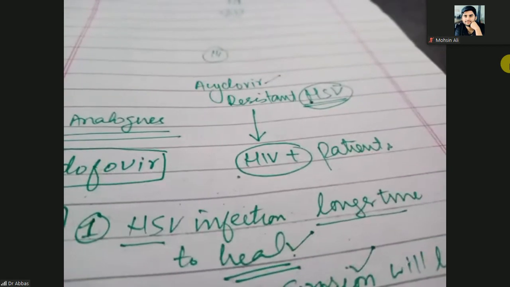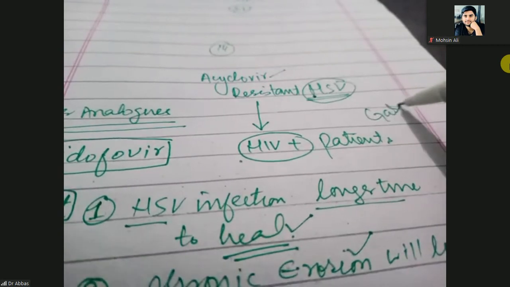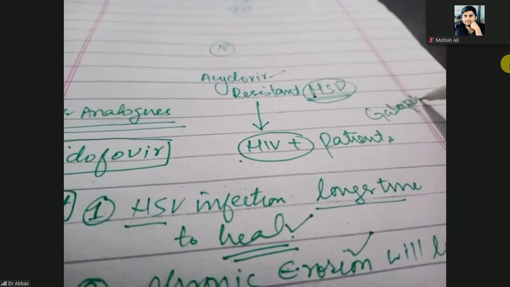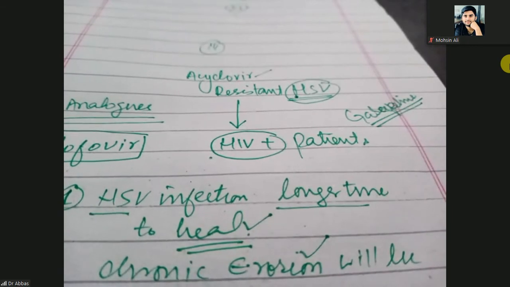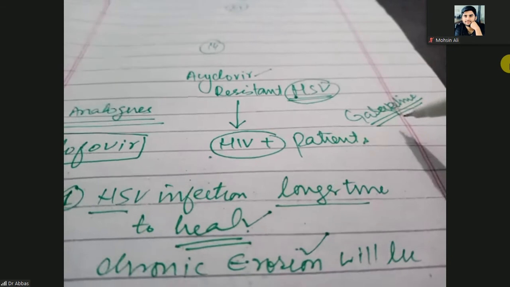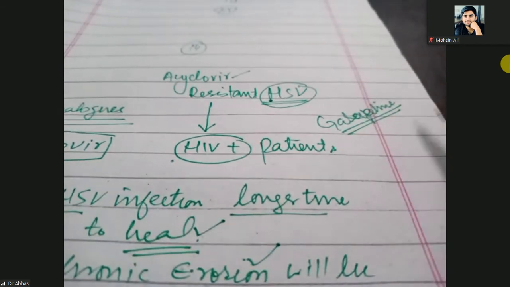Some students said, "Sir, can we give the gabapentin?" So you know gabapentin, pregabalin. These are the drugs that can be given for post-herpetic neuralgia. These are the drugs used for nerve pain, neurologic pain, pain due to the nervous system.